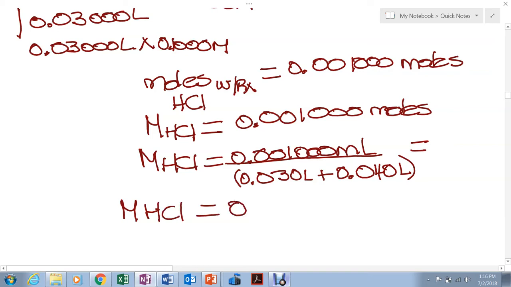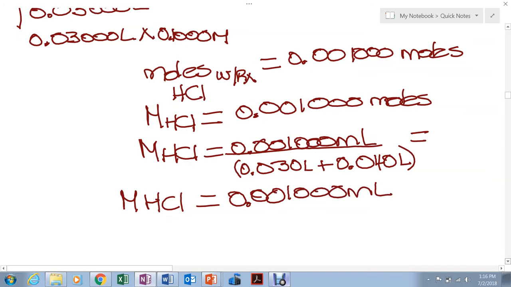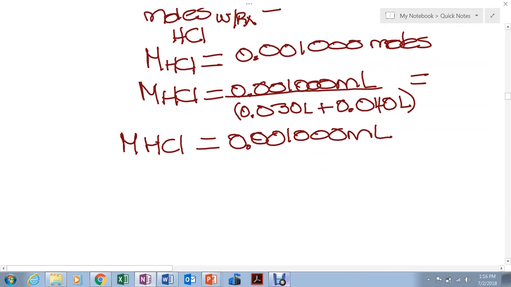That's what I'm doing. I'm sorry, moles. I think it's faster just to do this. Sorry. Scratch this. And this is going to be moles.